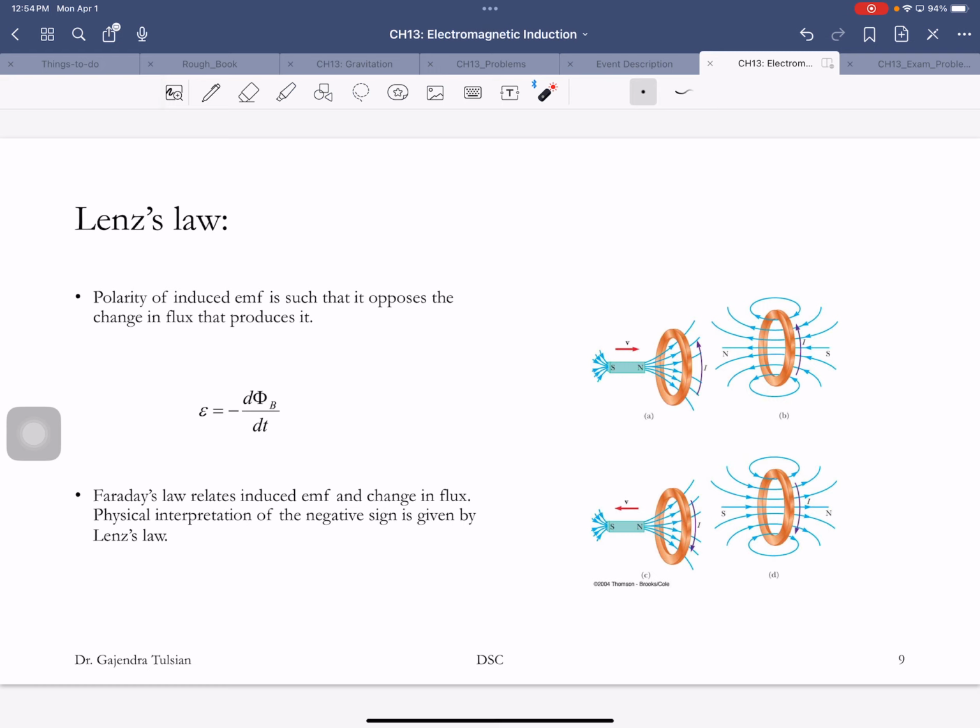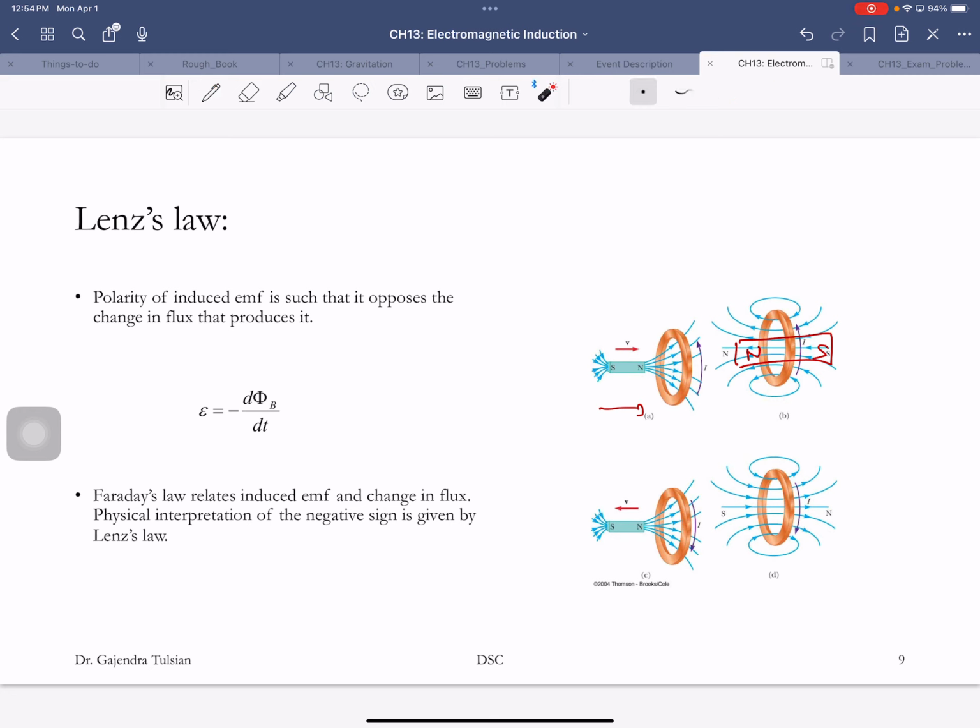So here's the deal. When you move this magnet, a current is induced. The induced current lasts only as long as this magnet is moving. When a current is flowing through this loop, what is it acting like? It becomes an electromagnet. You use your right hand, point your fingers in the direction of the current, and your thumb points in the direction of the magnet's north pole. So while the magnet was moving in this direction, the loop became a magnet with the north pole pointing in that direction.